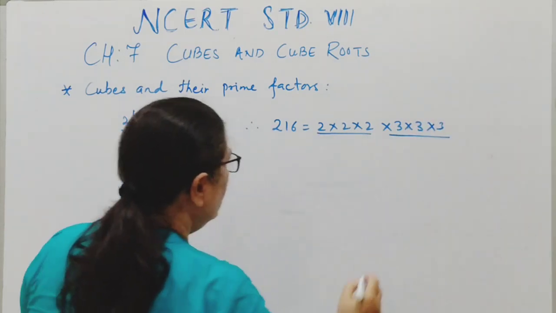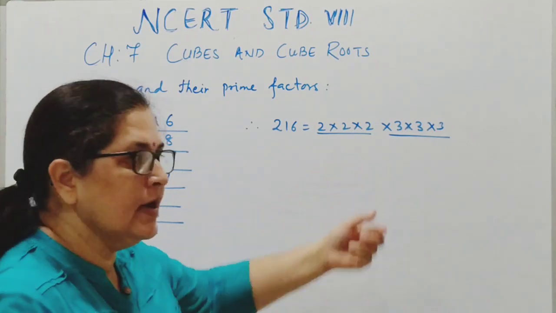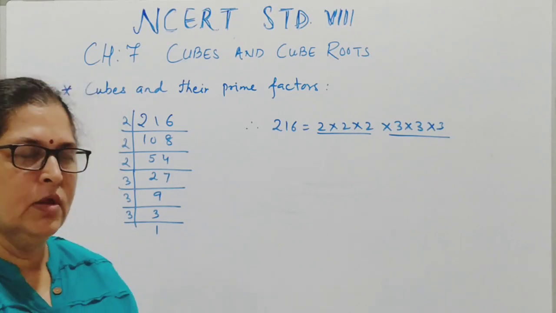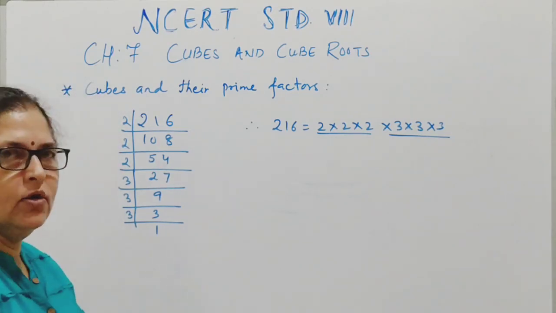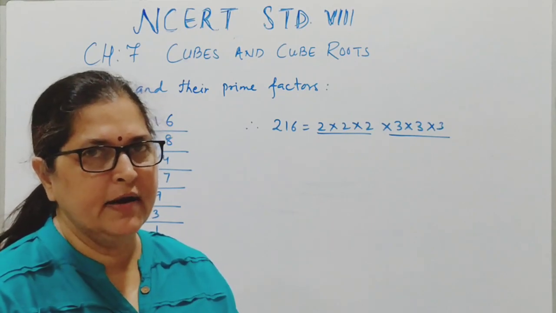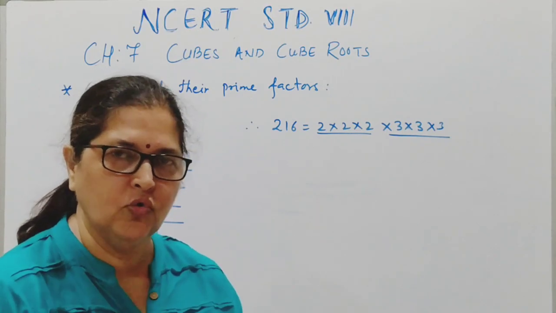Here, in 216, each prime factor has appeared 3 times, that is each prime factor is in the triplet form. So, when in a particular number the prime factors are in triplets or appear 3 times, then the number is a perfect cube number.